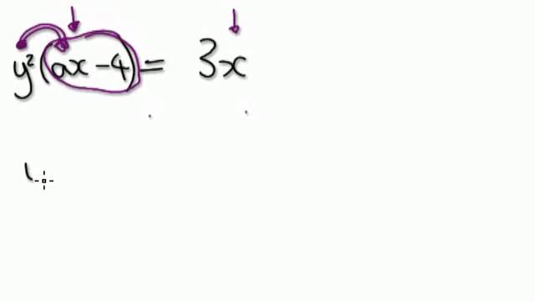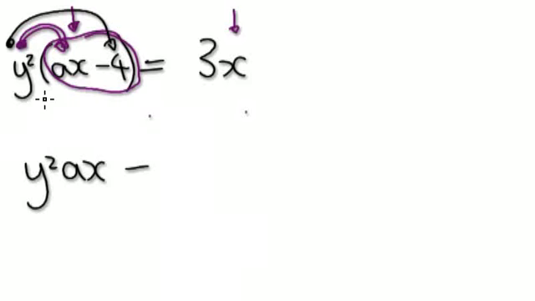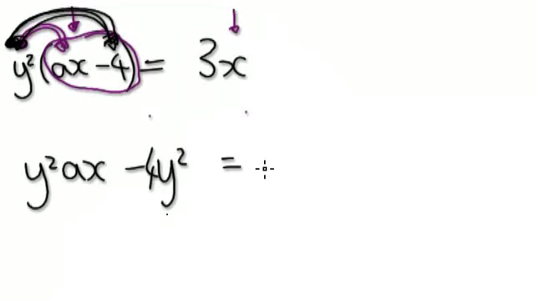So it would be y squared ax. And now get this times this. So it would be 4y squared, and then on this side is 3x.